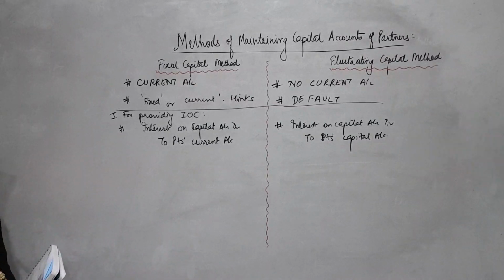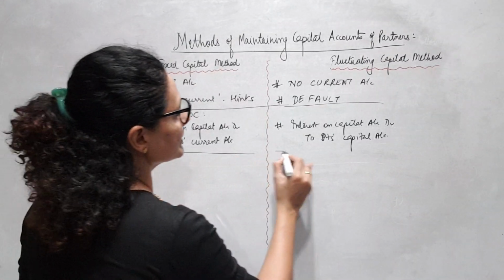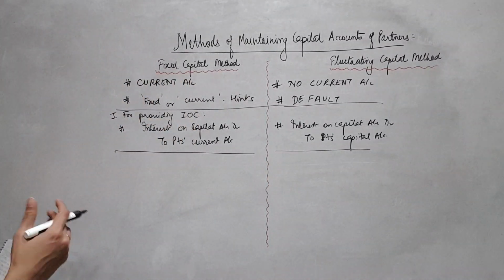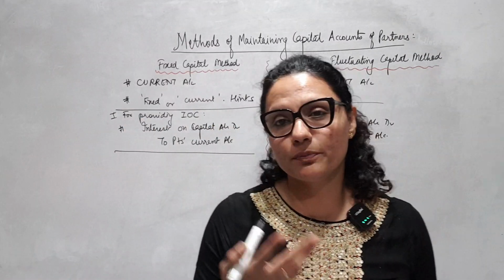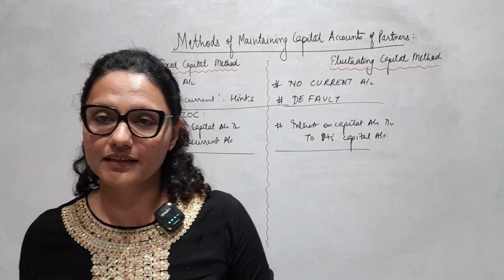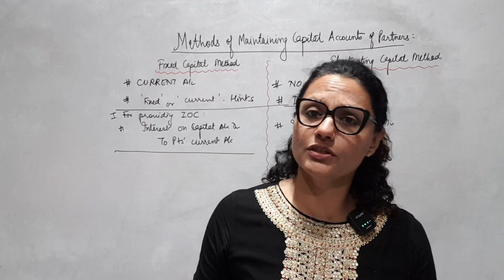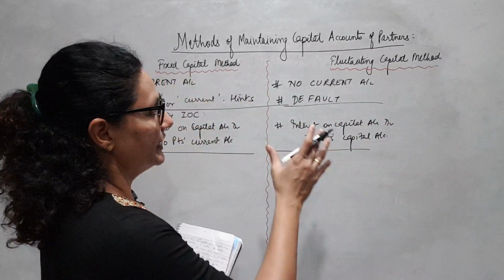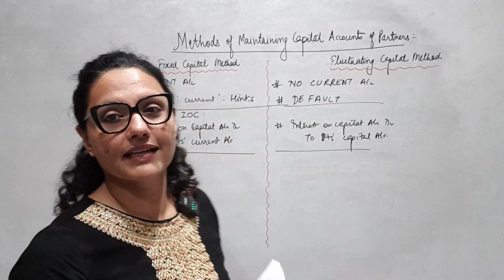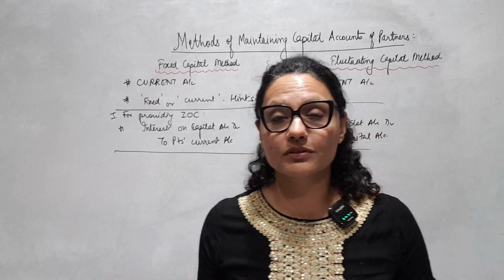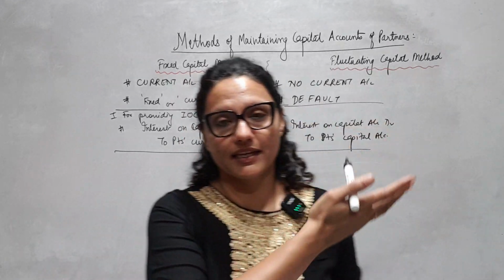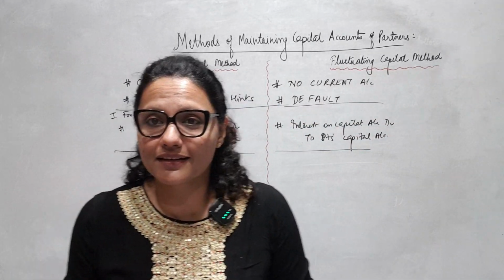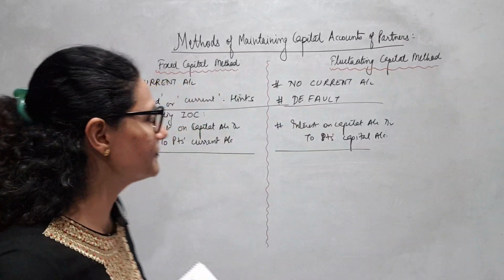That's the whole difference. If nothing is said, and you are asked what is the entry to provide interest on capital, usually it is interest on capital debit to partners' capital. But if you just ask the entry, it's better to write interest on capital debit to partners' capital / current account, because both methods are possible. In case of fixed, it will go to current account. In case of fluctuating, it will go to capital account. So you've given your complete answer there.